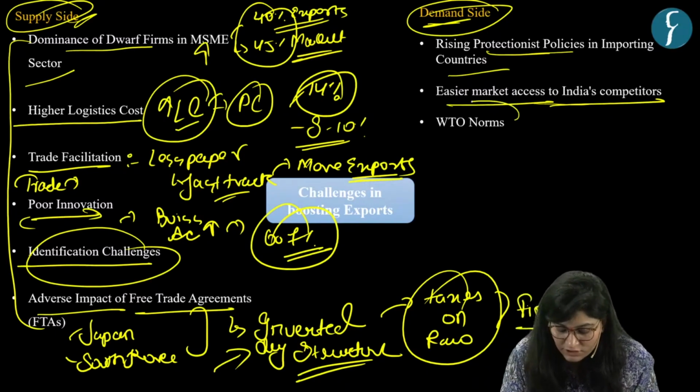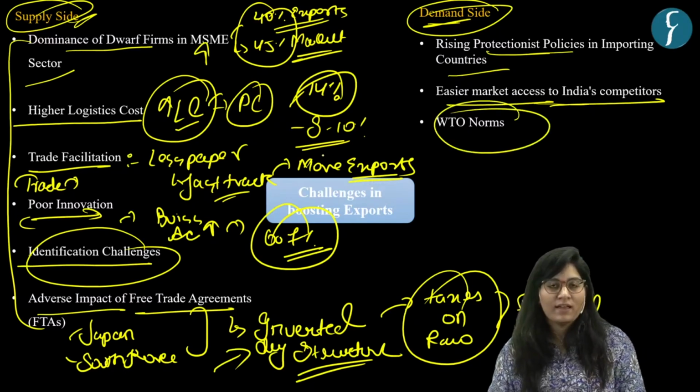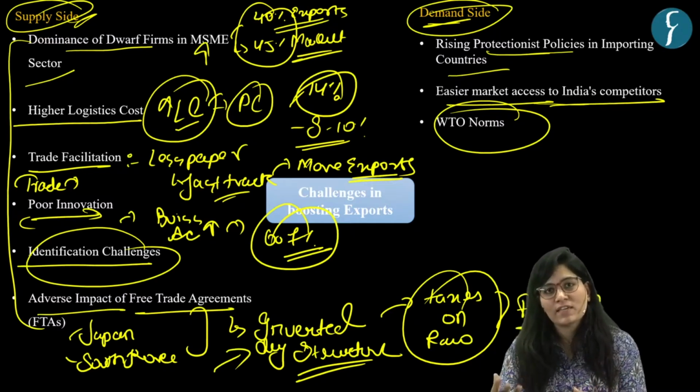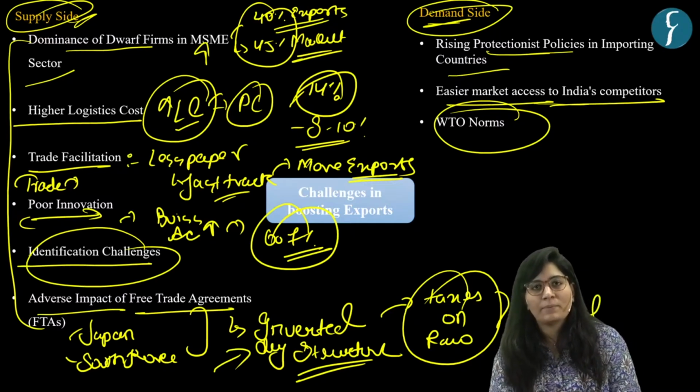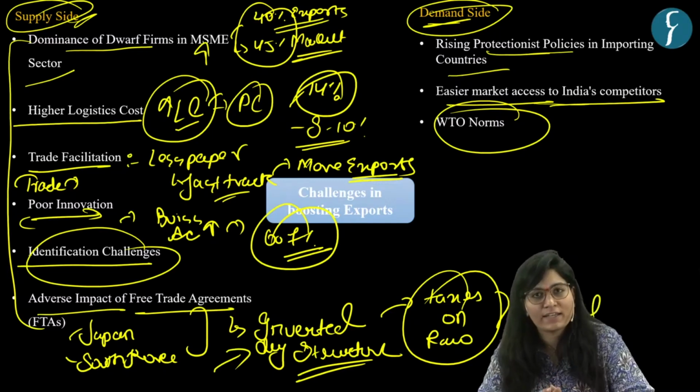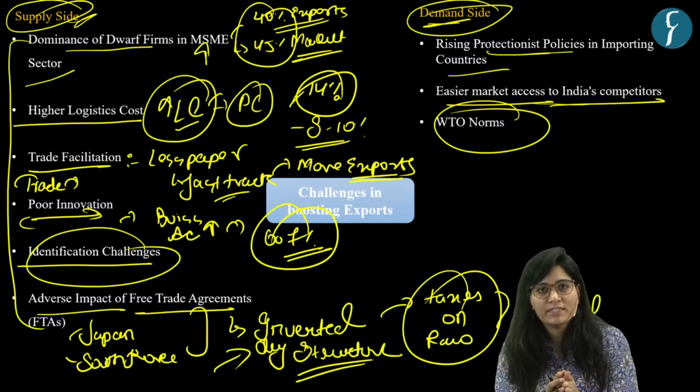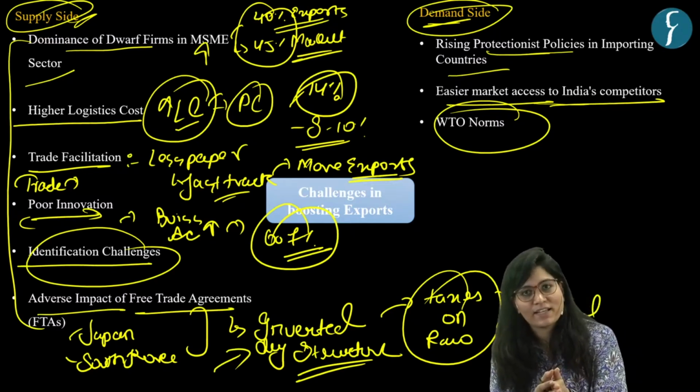Then we have WTO norms. See, there's an indiscriminate use of sanitary and phytosanitary measures by other countries with respect to India. You must have heard about the example of basmati rice and non-basmati rice.